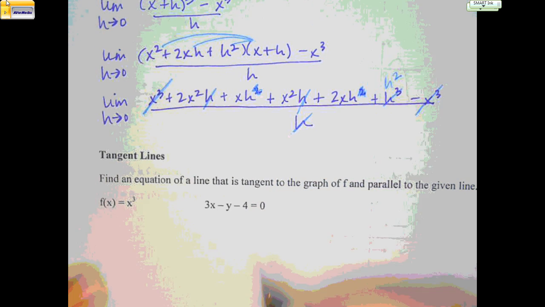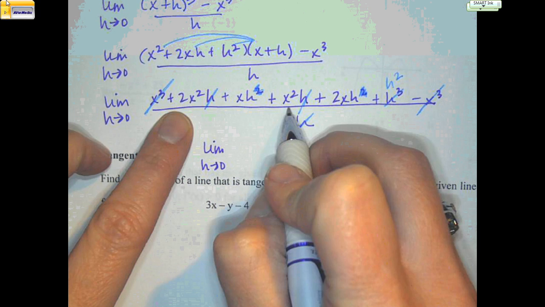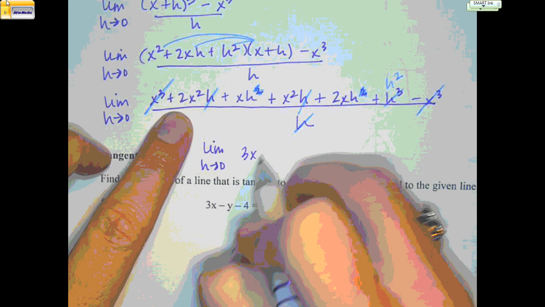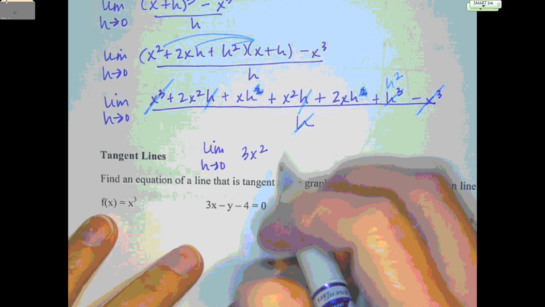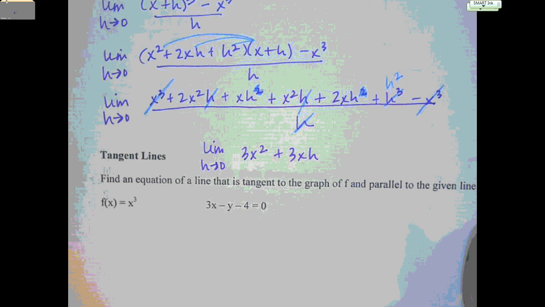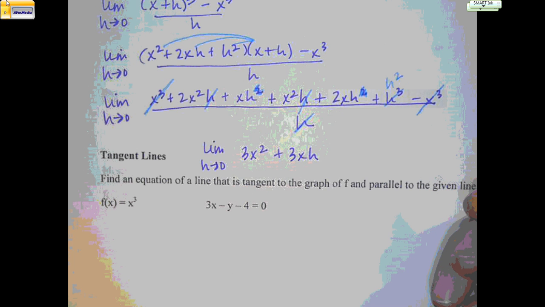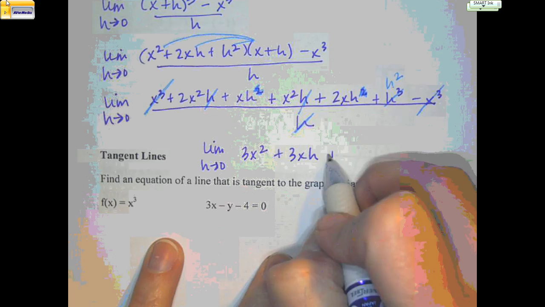So now if I shove it all together, I have the limit as h approaches 0 for 2x squared, and I have another x squared, so that's 3x squared. Then I have an xh and a 2xh, so that's 3xh. And now, oh wait, am I forgetting something? H squared. Did I get everybody?